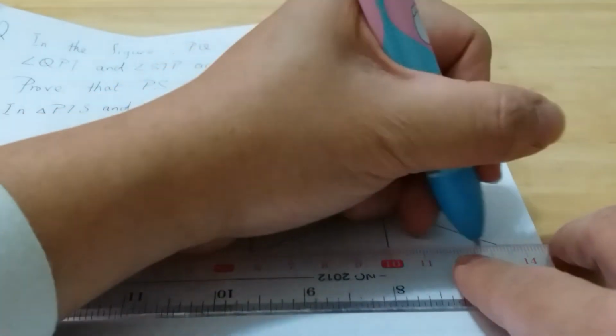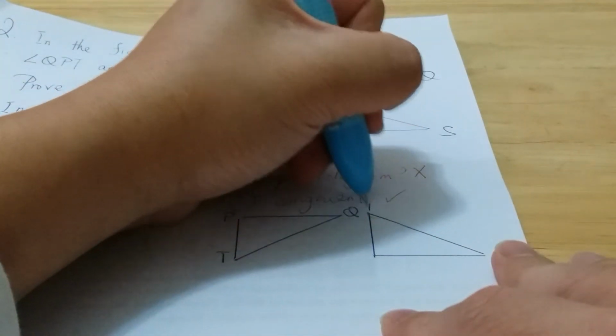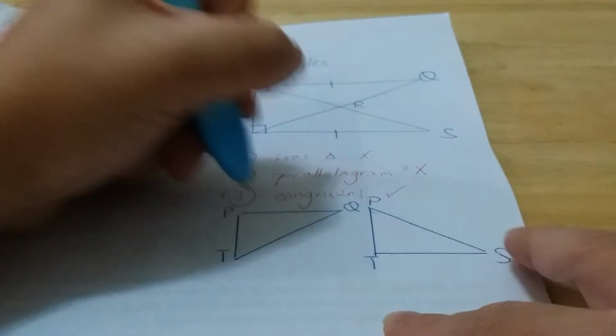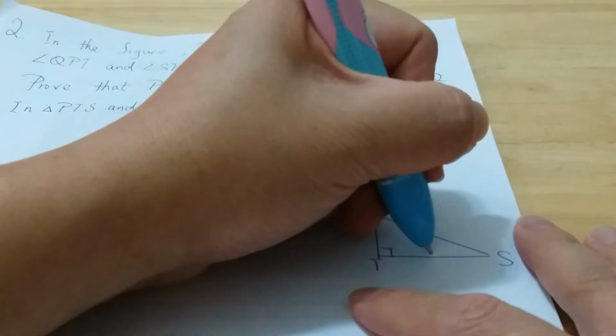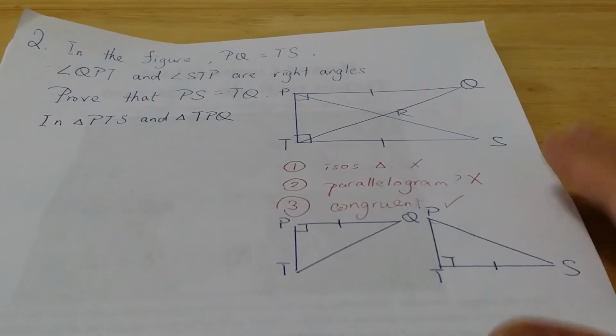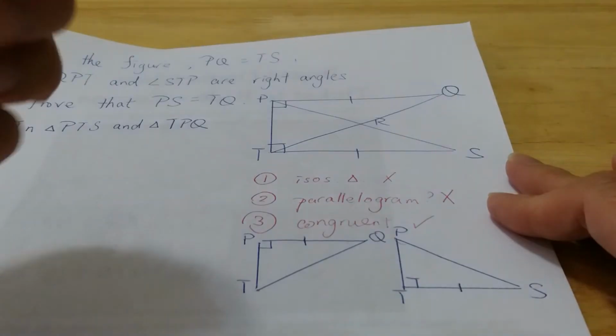In PTS, we know there is a right angle, and we know that these two sides are equal. Let's have a look. The first reason we must write down is the right angle.